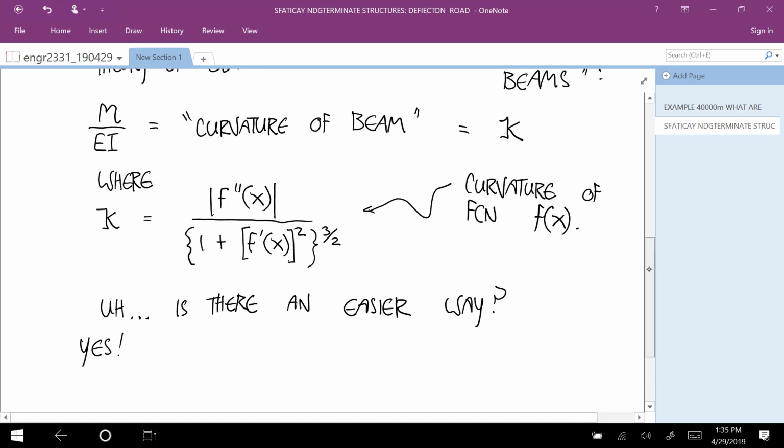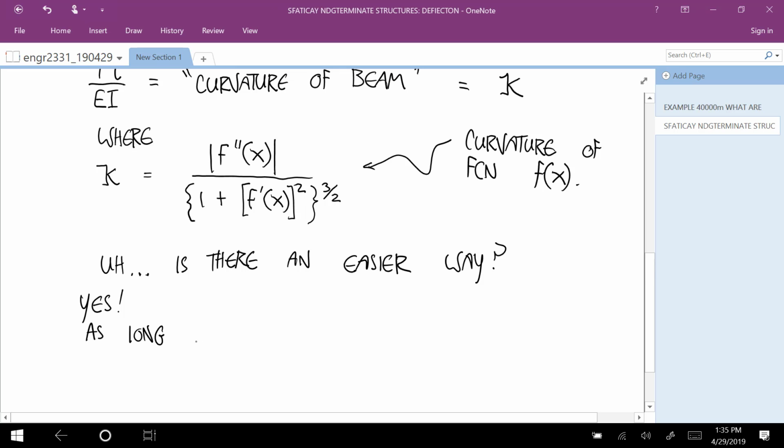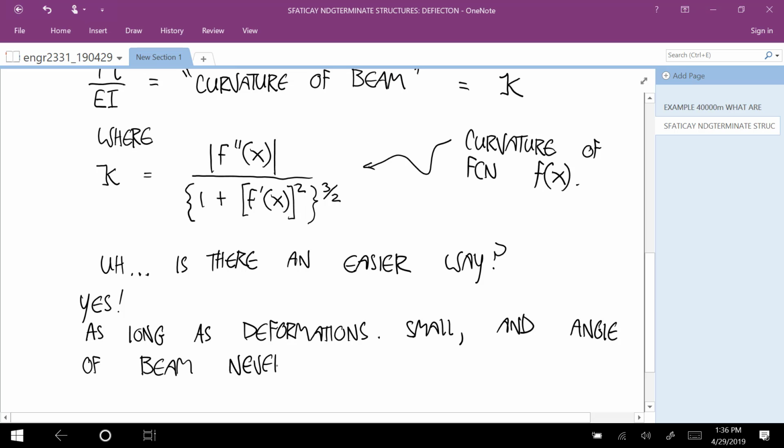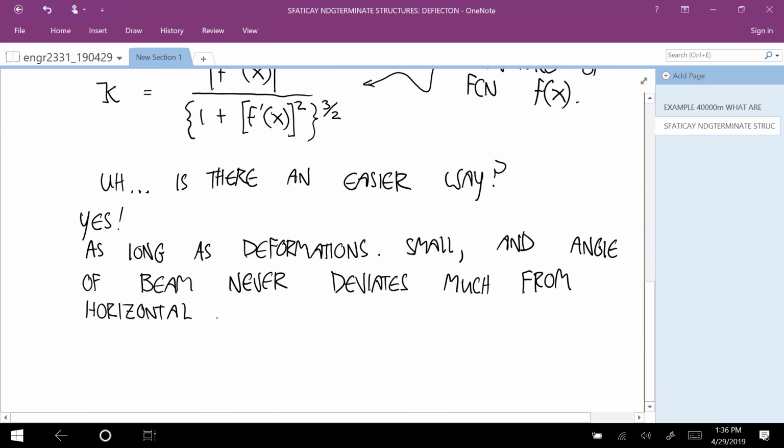As long as you have small deformations, so as long as the deformations are small, and the angle of the beam never gets that far from horizontal, so let's say it never deviates much from horizontal, then the curvature you can just approximate as the second derivative of the function.